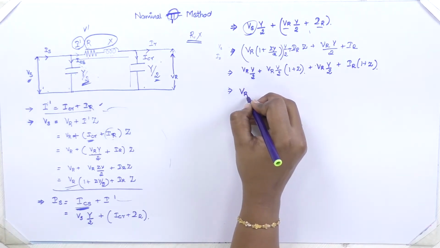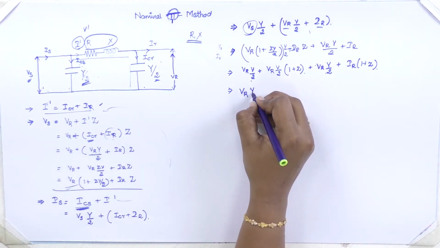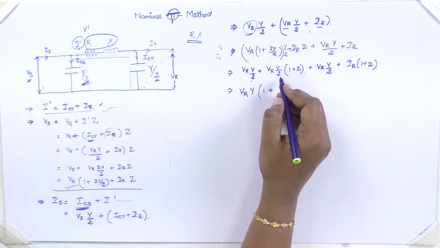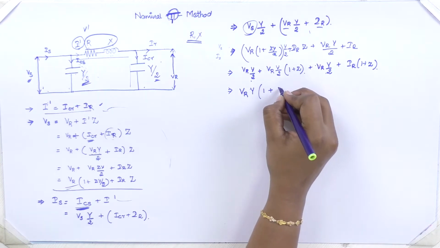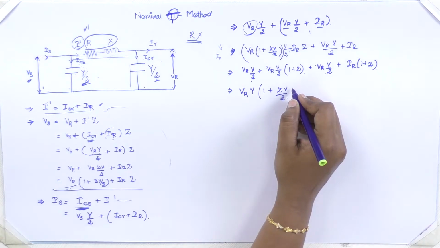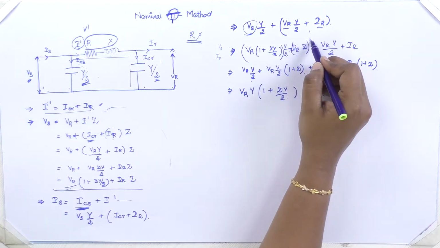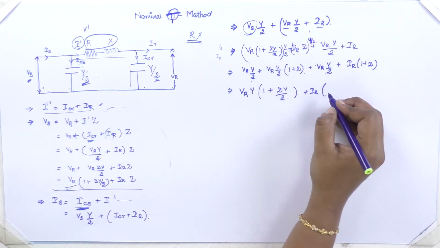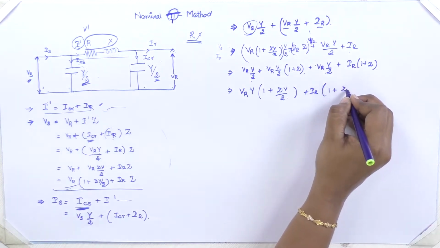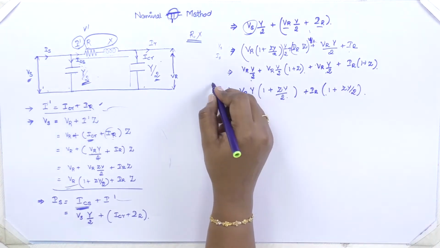Taking VR as common, Y by 2 and Y by 2 becomes Y, so VR into Y into 1 plus ZY by 4, plus IR into 1 plus ZY by 2. So this is IS.